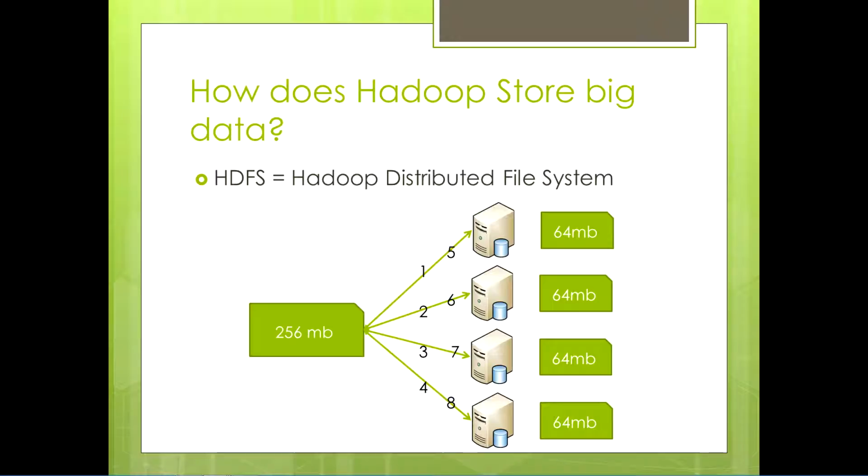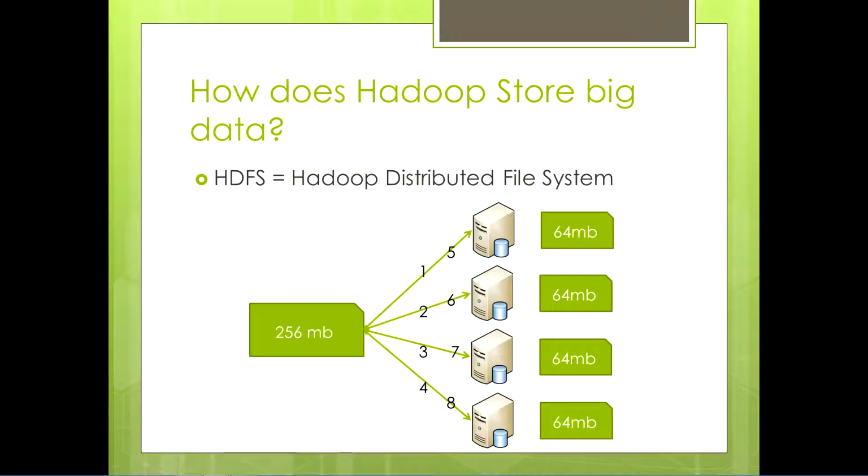And then when you want to retrieve the file back, it happens sequentially as well. So you're getting block 1, block 2, block 3, block 4, block 5, block 6, block 7, block 8.